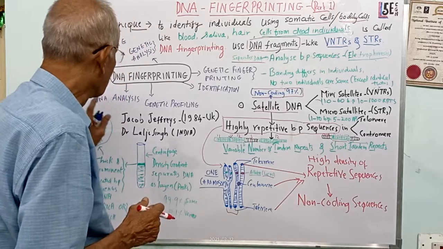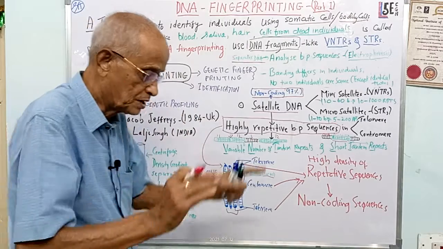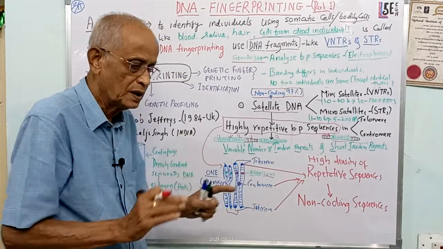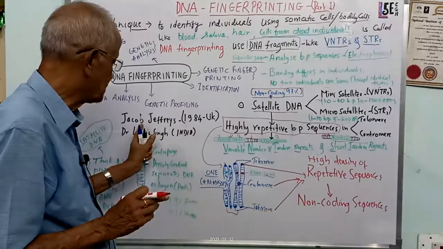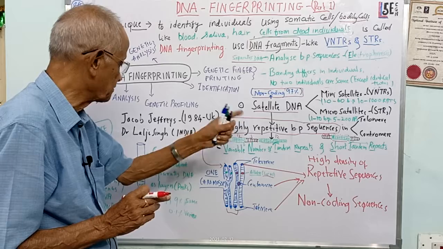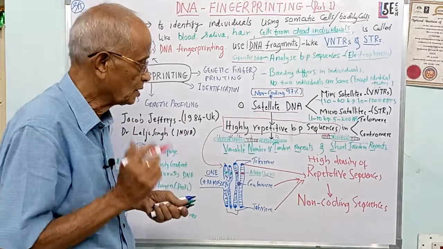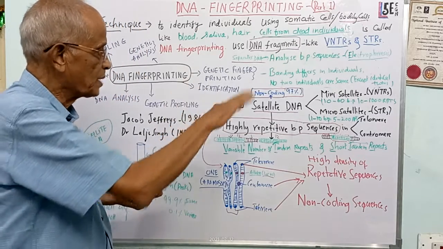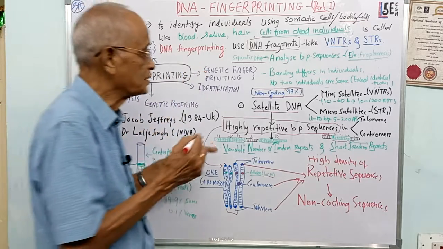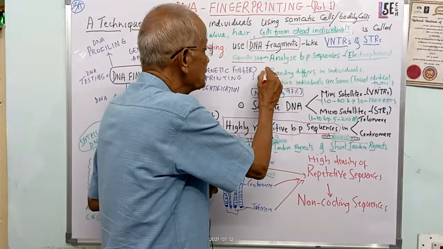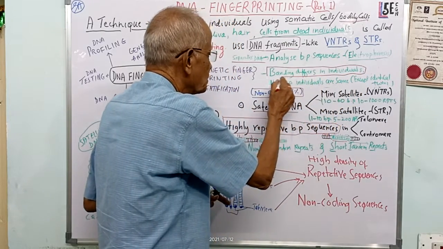And then you remember that the concept of DNA fingerprinting was first identified and given to the world by Alec Jeffreys in 1984 and 85, and then in India Lalji Singh did a lot of work on that. Finally, how do they identify? They identify by the banding of the DNA, which differs from individual to individual.